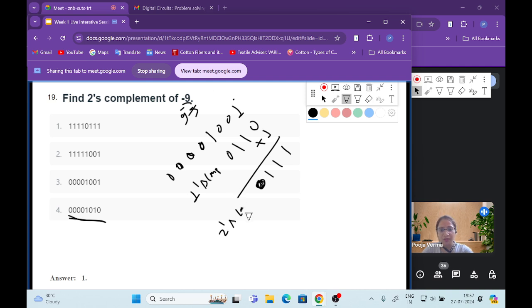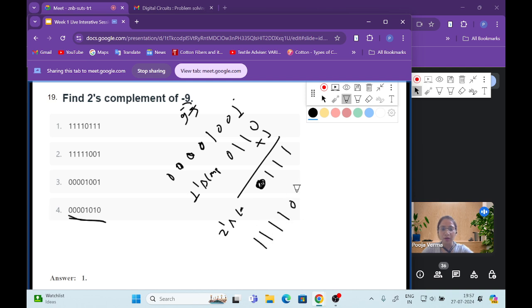Then take the 1's complement and 2's complement. Then after finding the 2's complement, check the MSB bit. For the MSB, we can put any number of 1s.